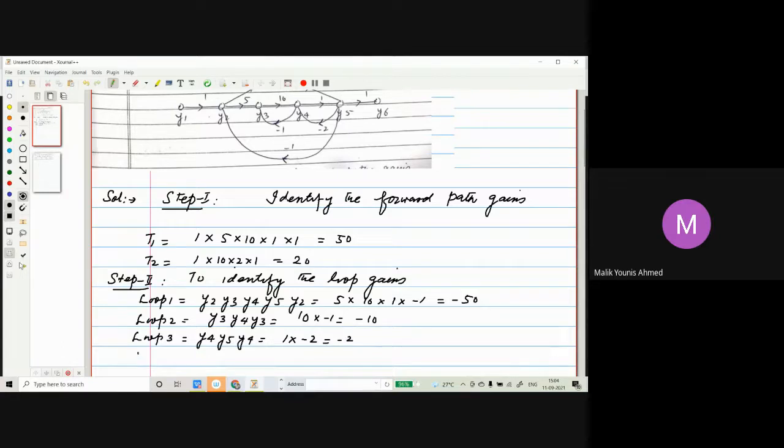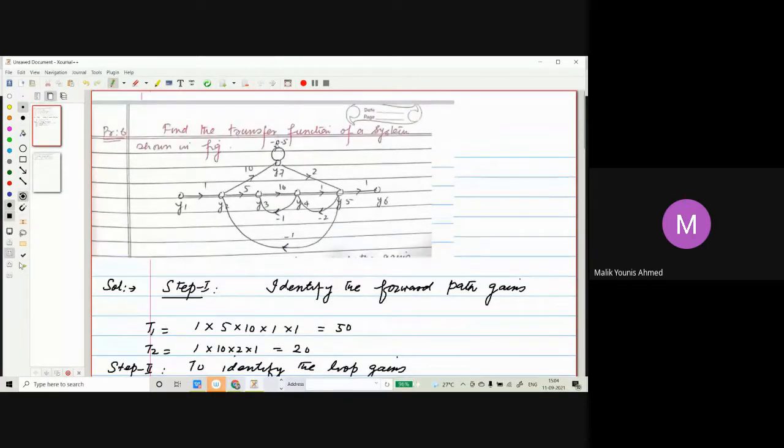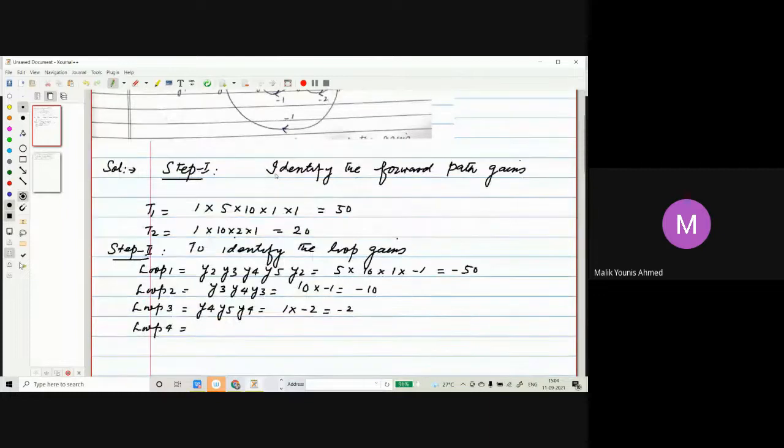Loop 4 will be this small one we can take: y7 into y7 is minus 0.5.